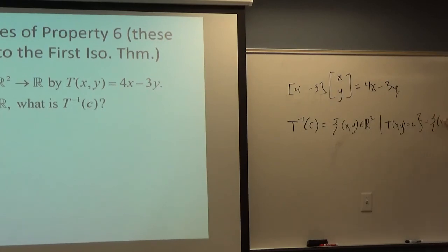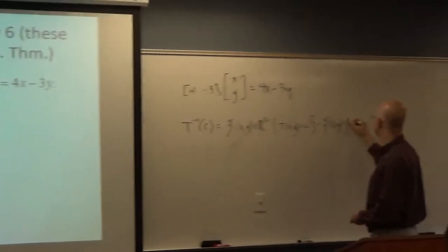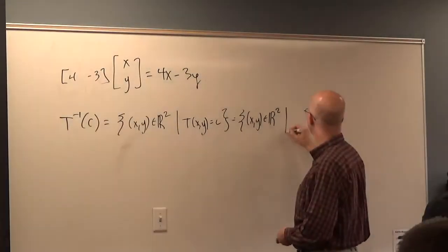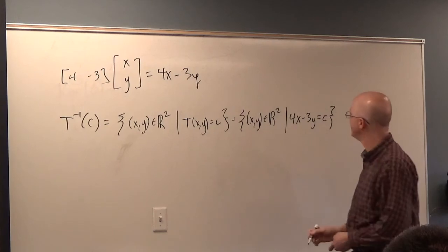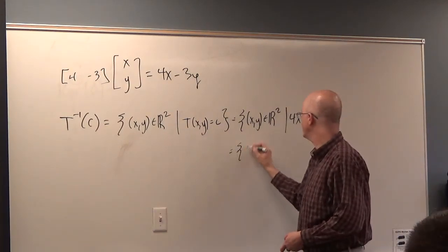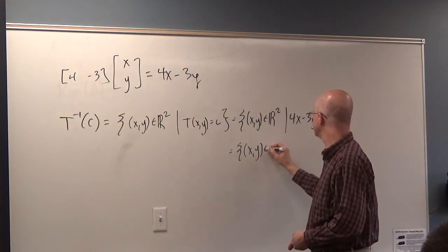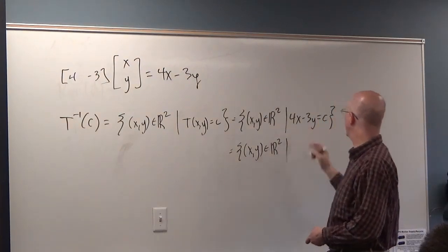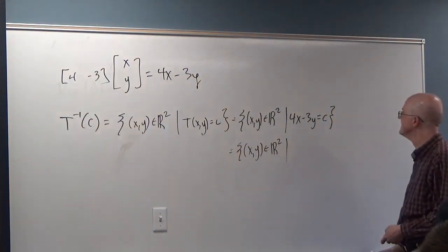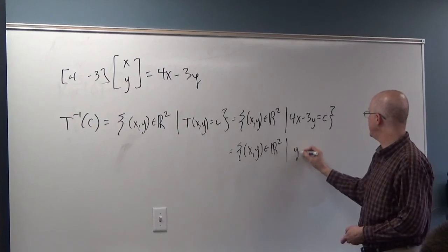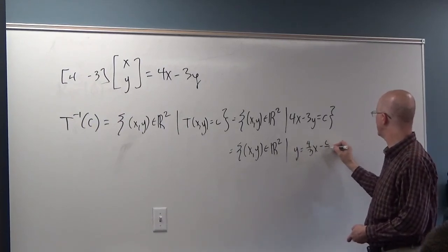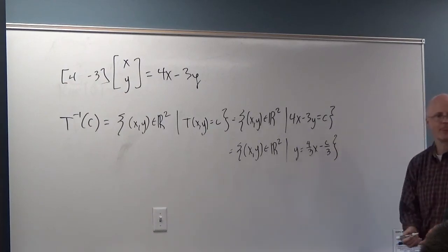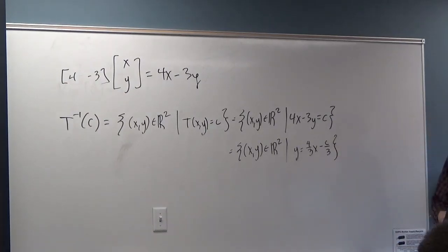So that's the set of points in the plane based on this formula where 4x minus 3y equals c. Let's solve that equation for y in terms of x. If we do so, we'll get y equals 4/3 x minus c over 3. That would be the preimage of an arbitrary real number c.